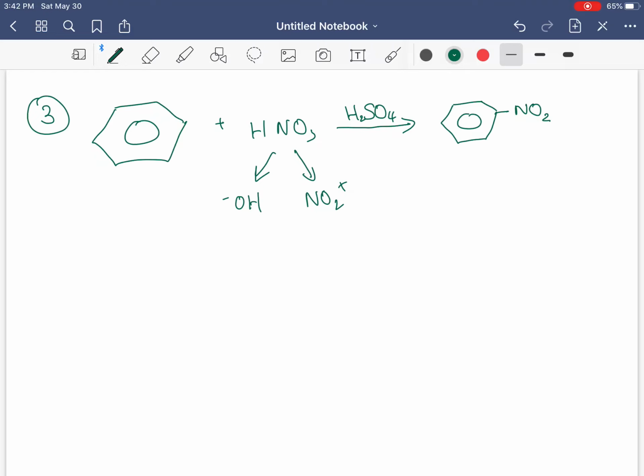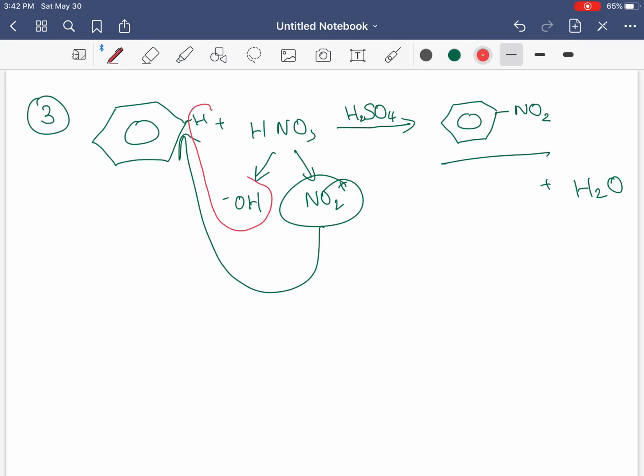All right, so the NO2 will come attack one of the hydrogens, doesn't matter which hydrogen, to give you a nitrobenzene plus water. Okay, because the OH is going to take the H. Just draw the H right here, just so that you kind of know. Okay, so H2O comes over here, and NO2 goes over there. Okay, just like what I just showed you.